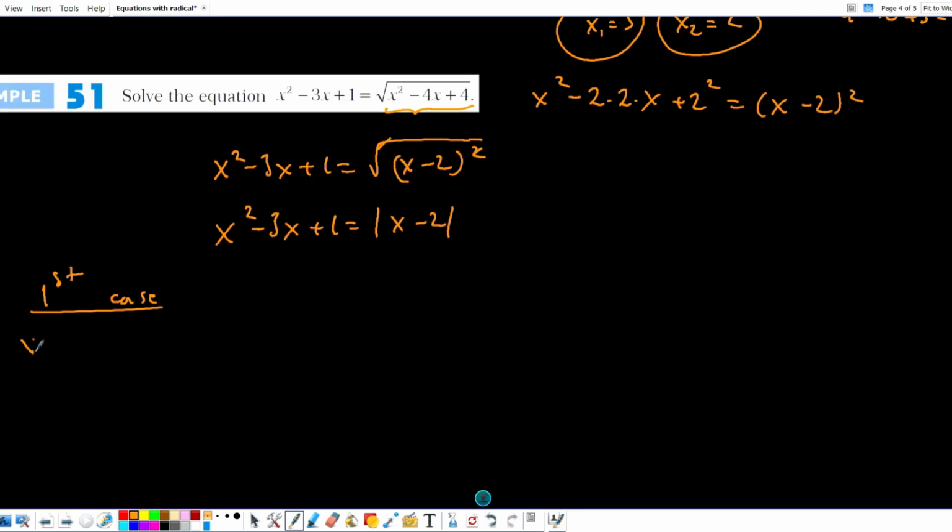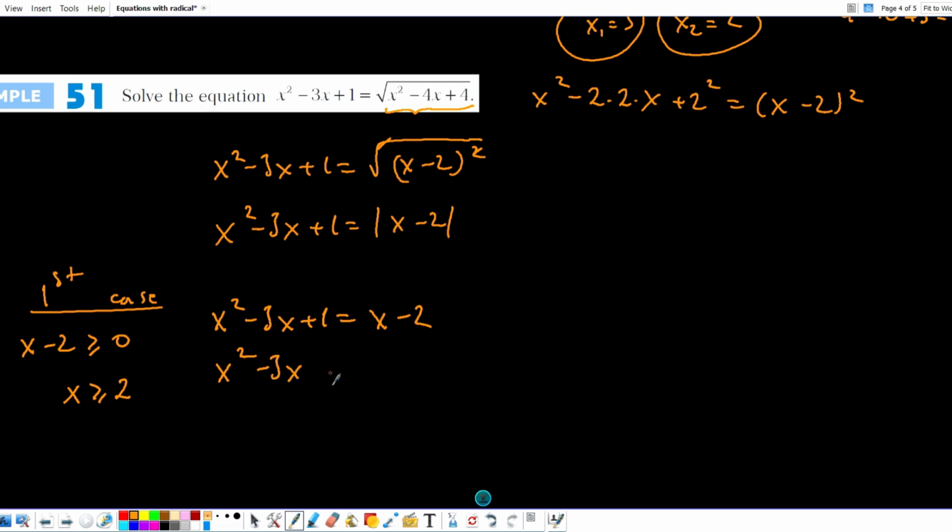If x minus 2 is greater than or equal to 0, from here you'll find x is greater than or equal to 2. Then let's see what our equation will become. x squared minus 3x plus 1 is equal to, because it is positive, I'm taking it out from the absolute value as it is. Then I will write in standard form.